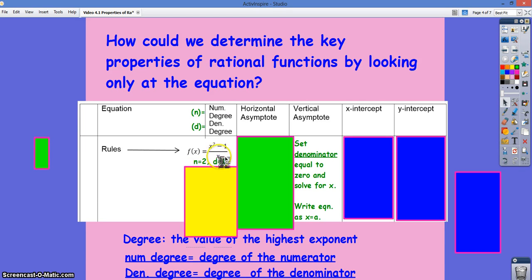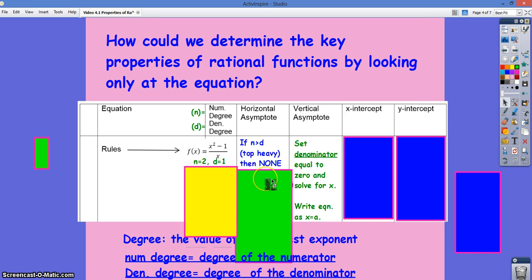And the degree of my denominator is 1, because we don't have to write the 1 on x, but we know that it's 1. So in this case, we see that the degree of the numerator, n, is greater than the degree of the denominator, d, and we call this top heavy. So the degree on the top is bigger than the degree on the bottom. If that is the case, then our horizontal asymptote will be none. We will not have a horizontal asymptote, okay?